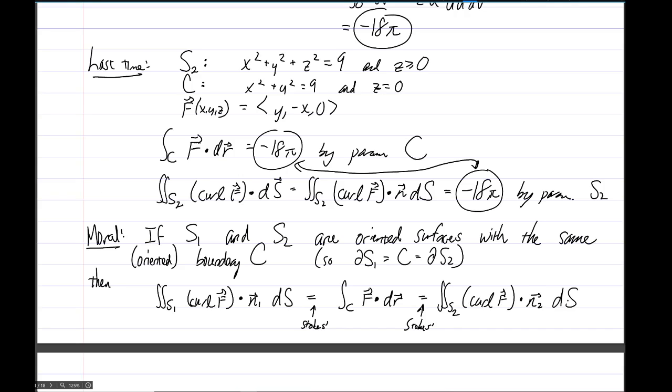So going from here to here is using Stokes' theorem in one direction, and going from here to there is using Stokes' theorem in the other direction.